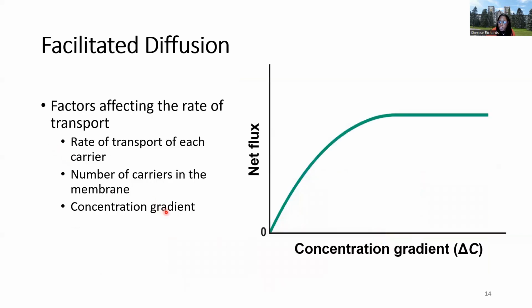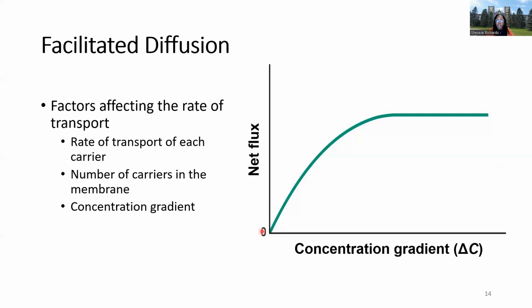If we think about the relationship of the concentration gradient and the net movement for facilitated diffusion, we'll see that the rate of transport of each carrier will determine how much movement takes place, as well as the number of carriers in the membrane. Whereas with simple diffusion we saw a directly proportional, linear relationship, here we have a limiting factor.